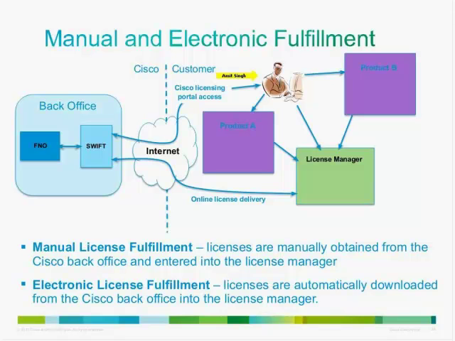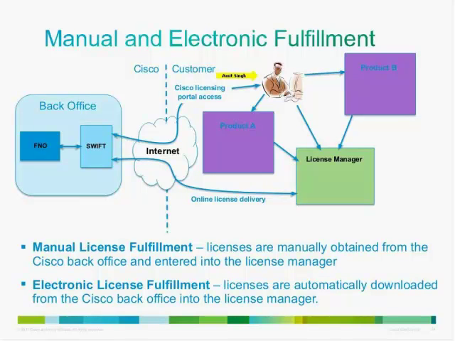Then we can go to the licensing website, and there is a new tab on the licensing website which we are going to use and get the licenses. In the same manual license fulfillment, you might have a license migration request. I'm going to cover the license migration request in more detail with more screenshots.